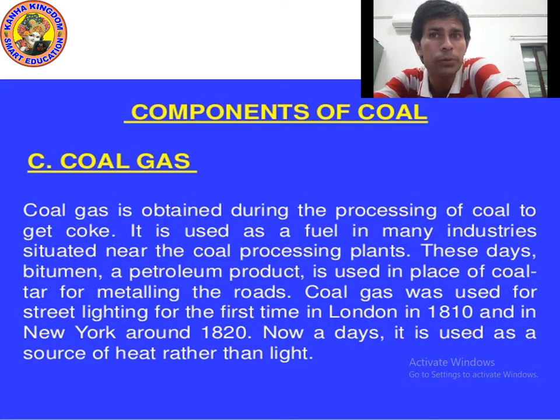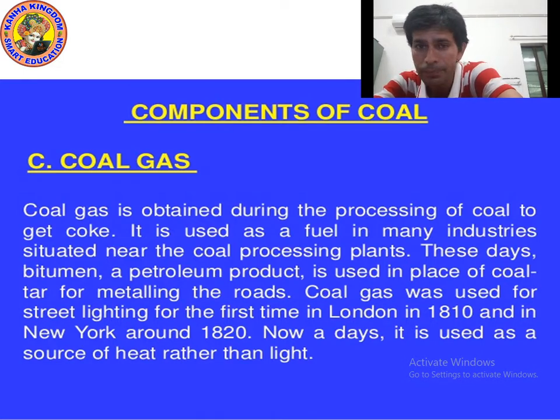Then in 1820 it was used in New York for street lighting. And kids, nowadays it is used as a source of heat rather than light. It is the main source of heat.